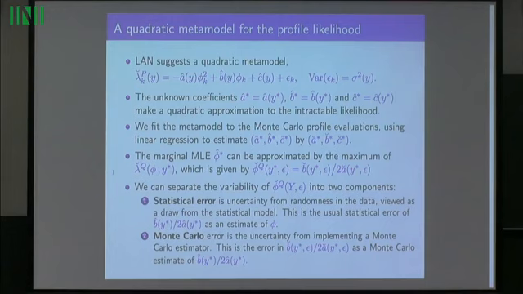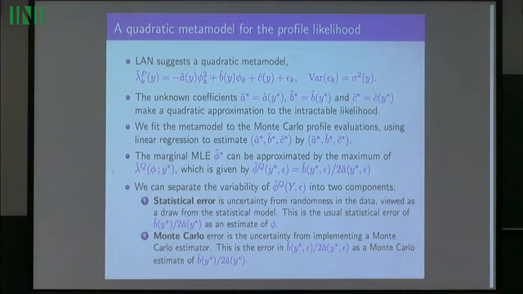So let's see, we have these unknown coefficients, which are the true likelihood in the metamodel, and we have a regression problem, and that regression problem lets us split the resulting error into two parts.